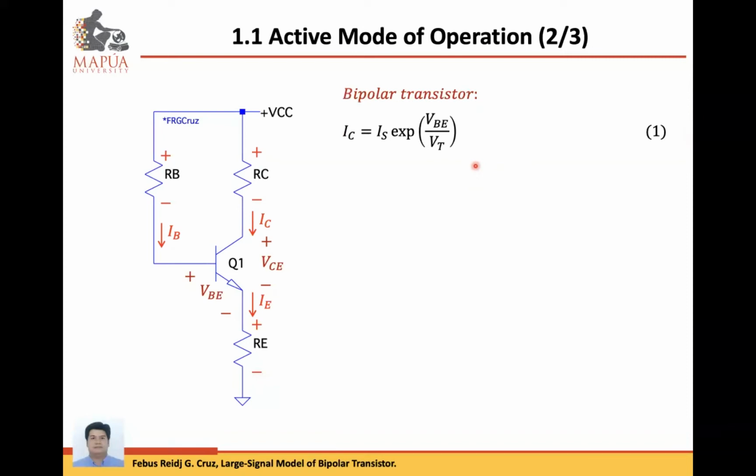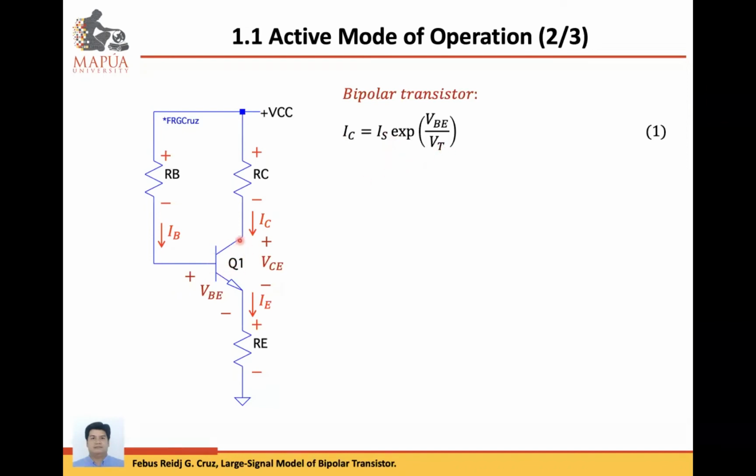So Q1, the NPN Q1, follows these characteristics. The collector current is equal to the saturation current multiplied by the exponential of VBE over VT, wherein IS and VT are device parameters.